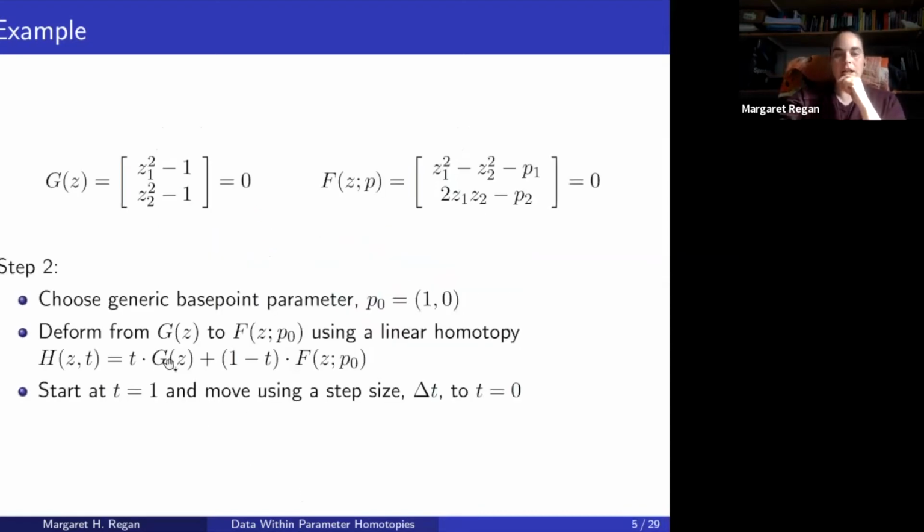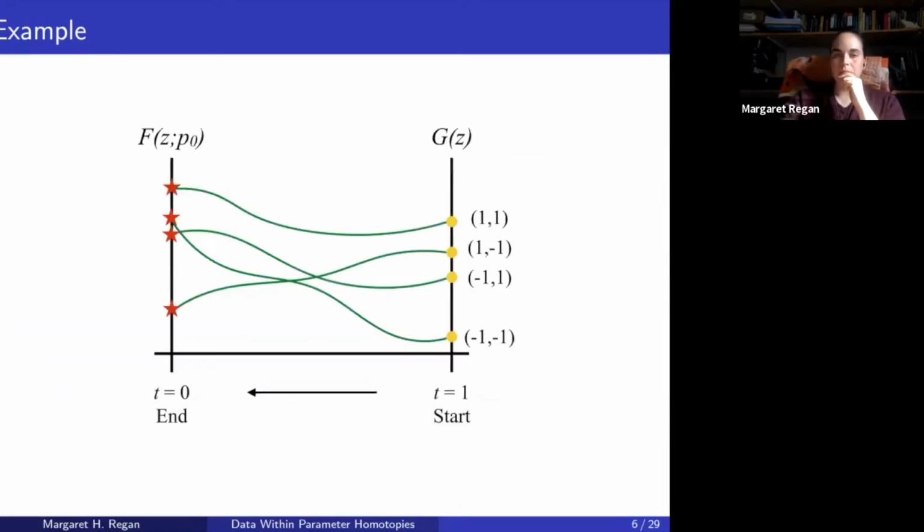Because if we look back at our equation when T equals 0, there is no impact from our G of Z, our initial start system, and we have only an impact from our F of Z at P0. So those are then the solutions of F of Z at P0. And so this is kind of an image of possible paths that connect, and then we get 4 solutions over here.